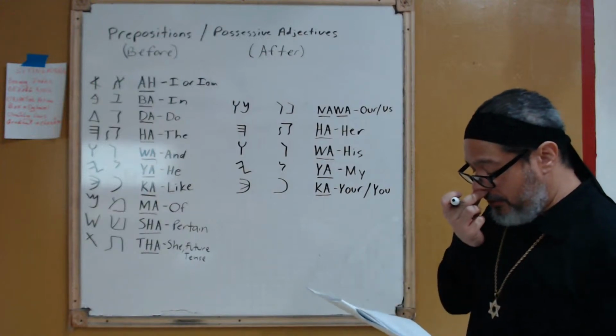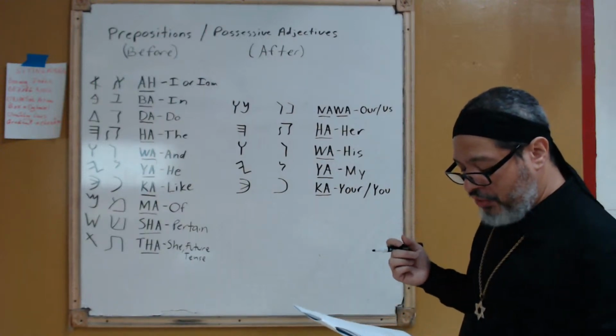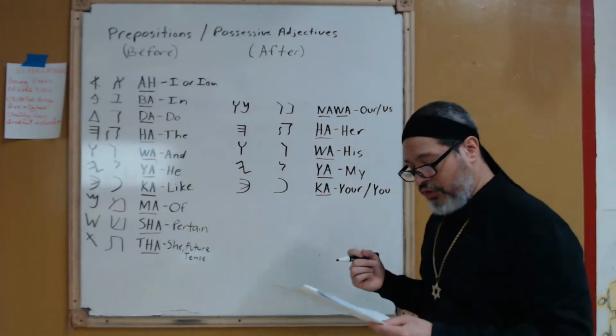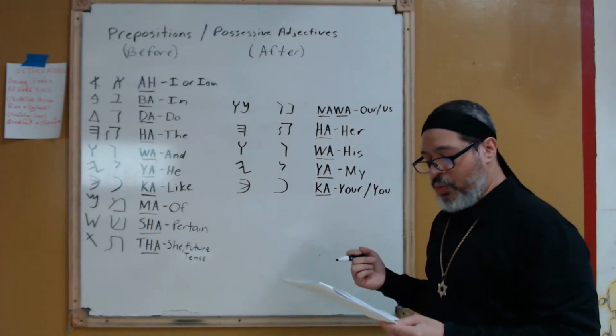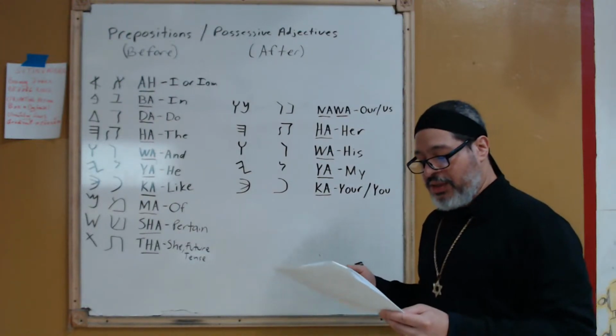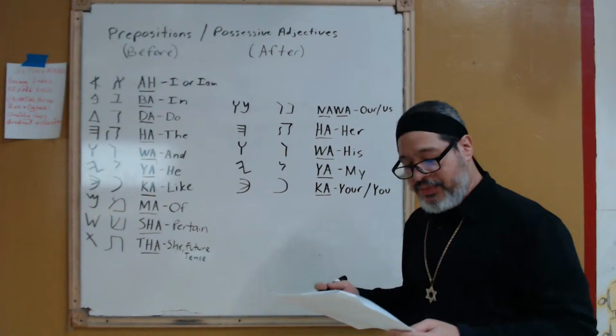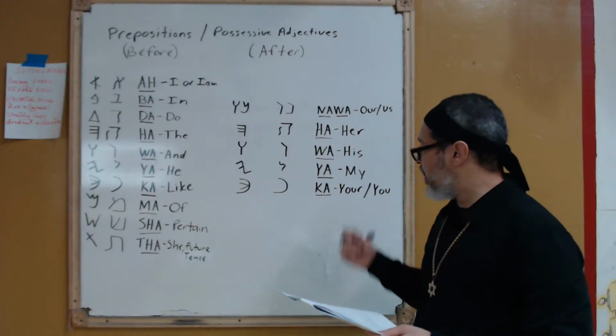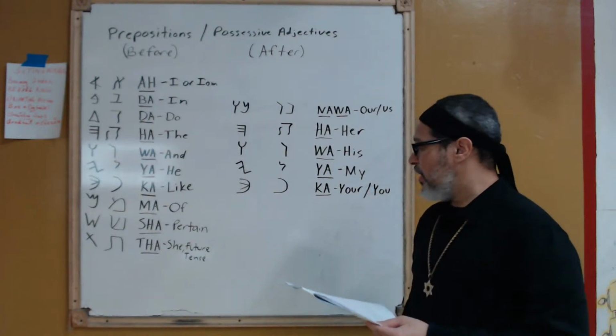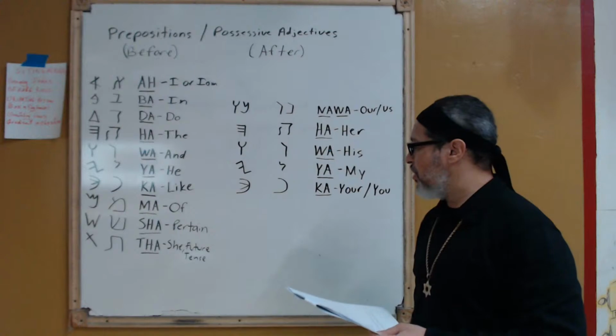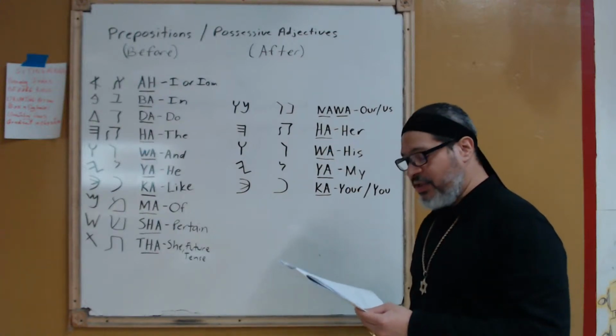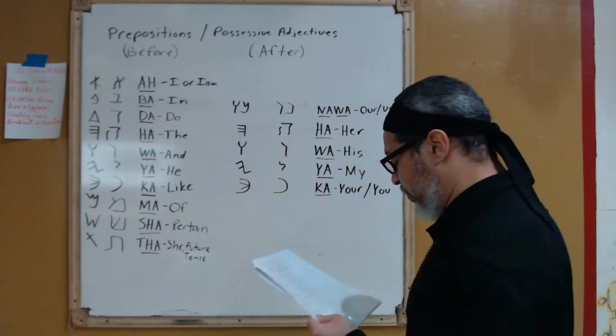Now we also have two other versions for "your". One's a masculine version and one's a feminine. So depending on the context as you're reading it, if you see it written this way, you know you're talking about a masculine or feminine "your".